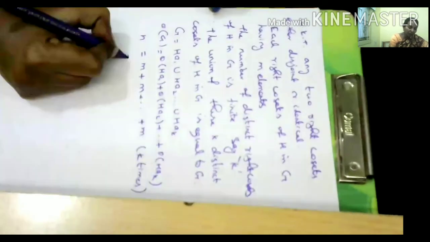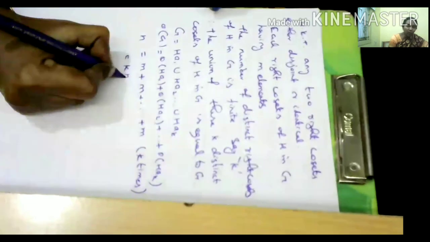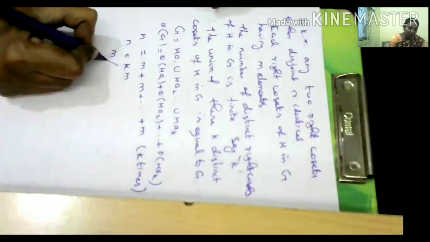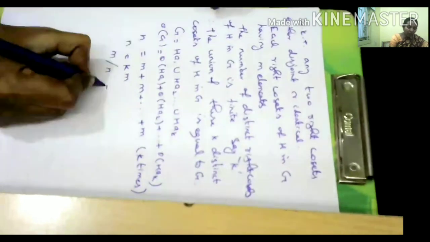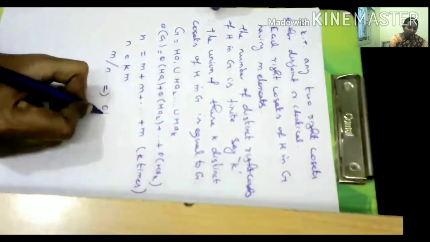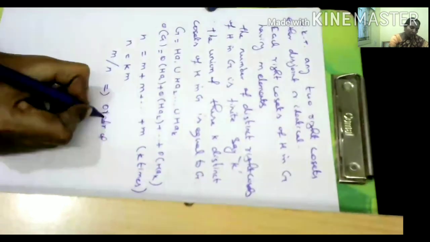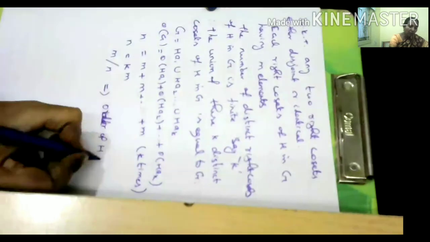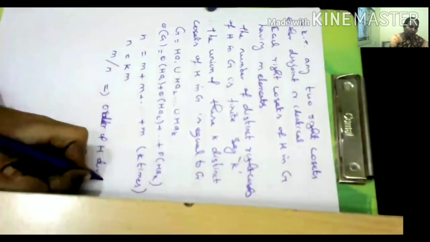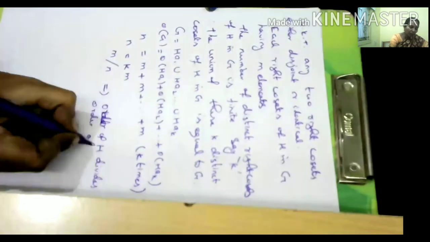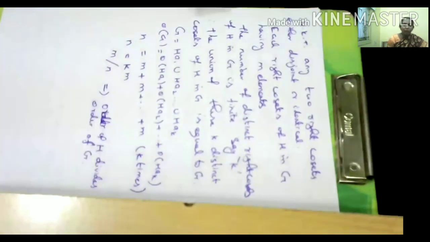So this is equal to K times M, N equals K times M. Therefore M divides N. Then we can take the conclusion that order of H divides order of G. So this way we are proving Lagrange's theorem.